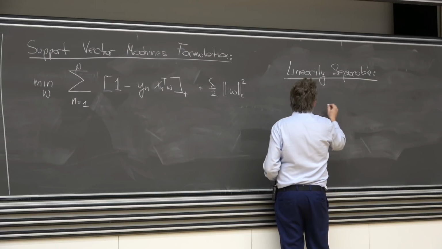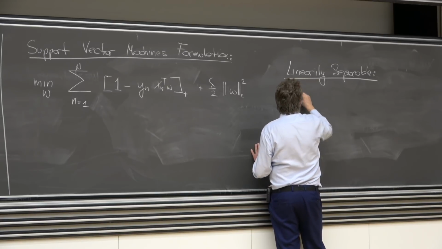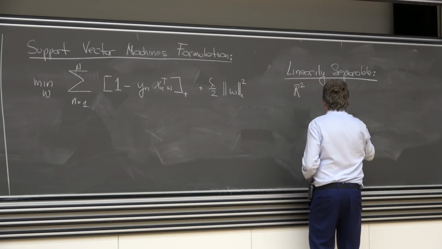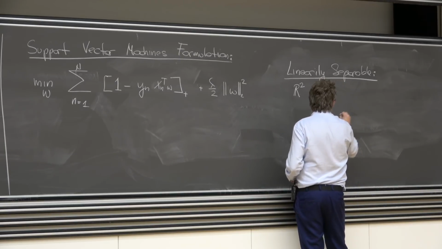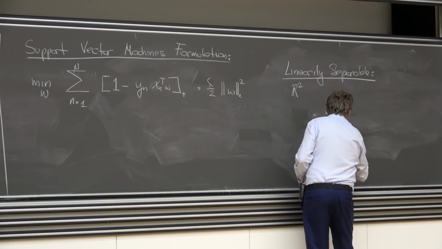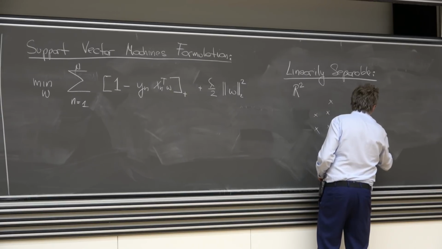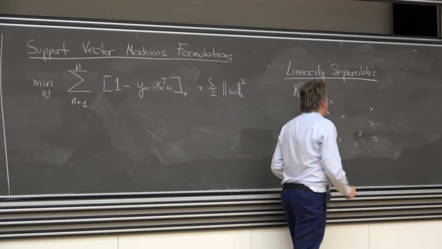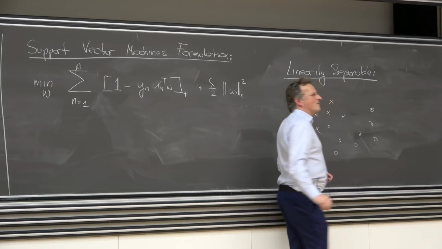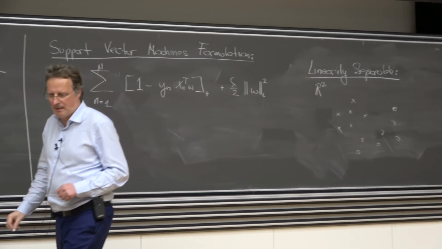We're representing things in R2, and we have two kinds of data, the zeros and the ones, or the plus and minus ones. We need to separate them.